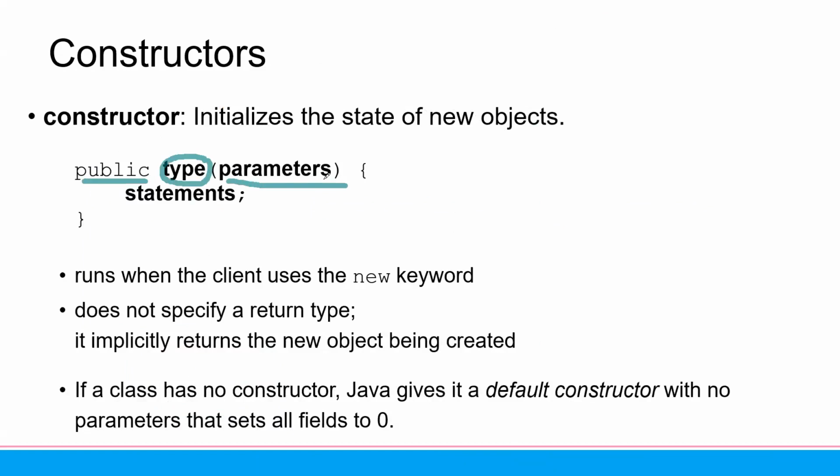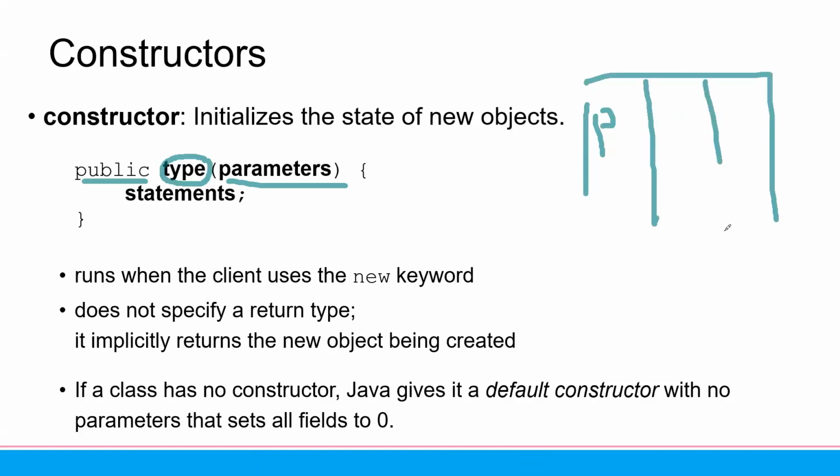What kind of parameters do you want to put in your class? In our case, because we have the point, and we have two values, which are x and y, then we can have the parameters equal to x and y.